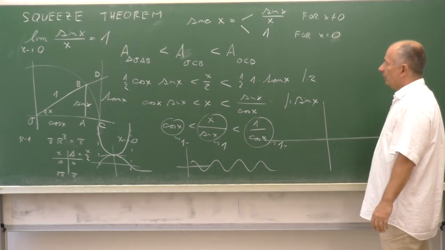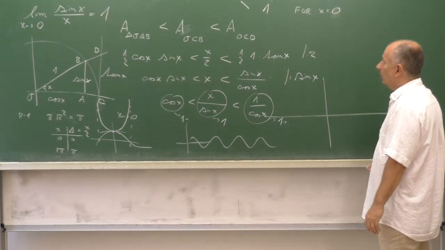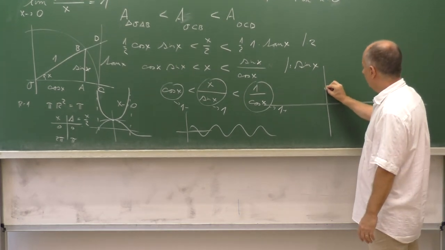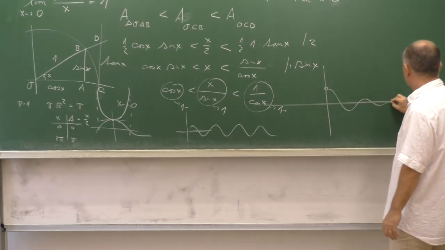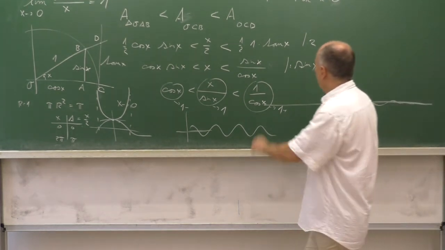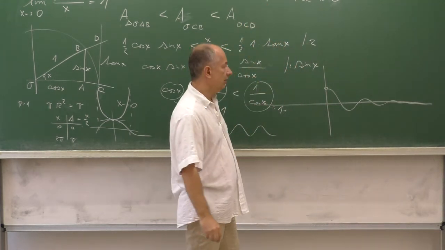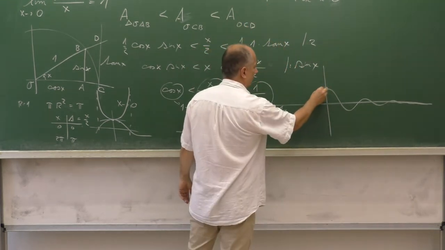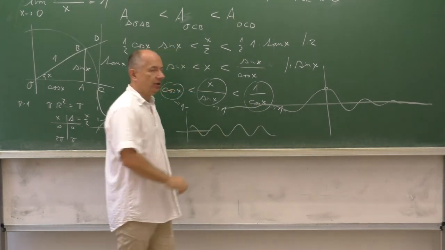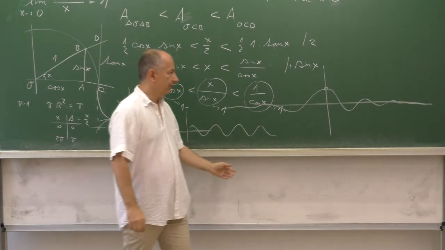And for x going to 0, this function approaches 1. And it is a ratio of two odd functions, so the resulting function is even. The graph is symmetrical with respect to the y-axis.